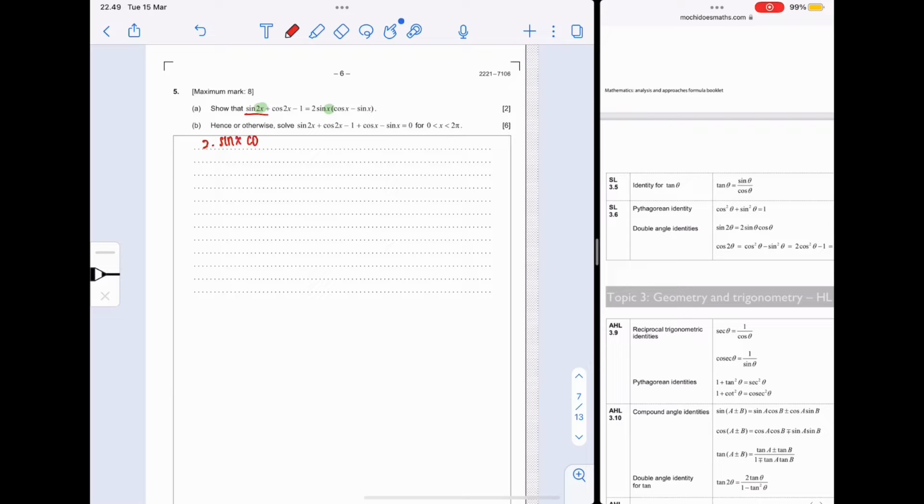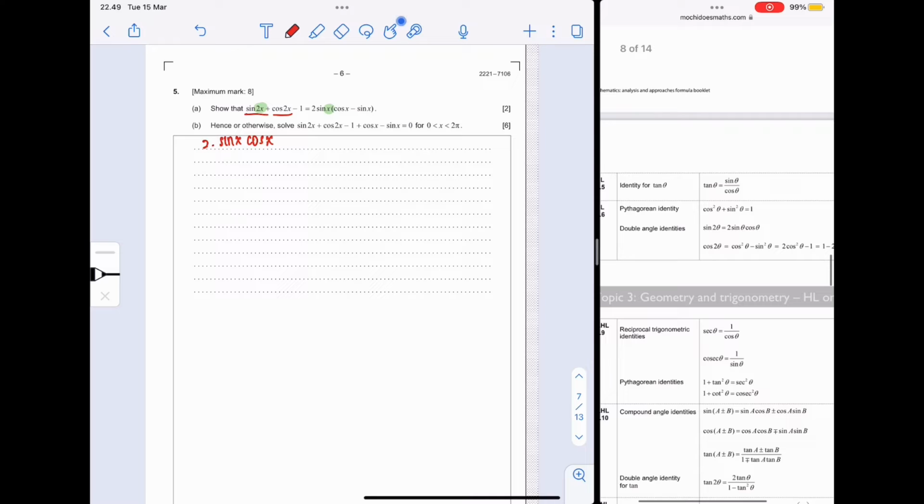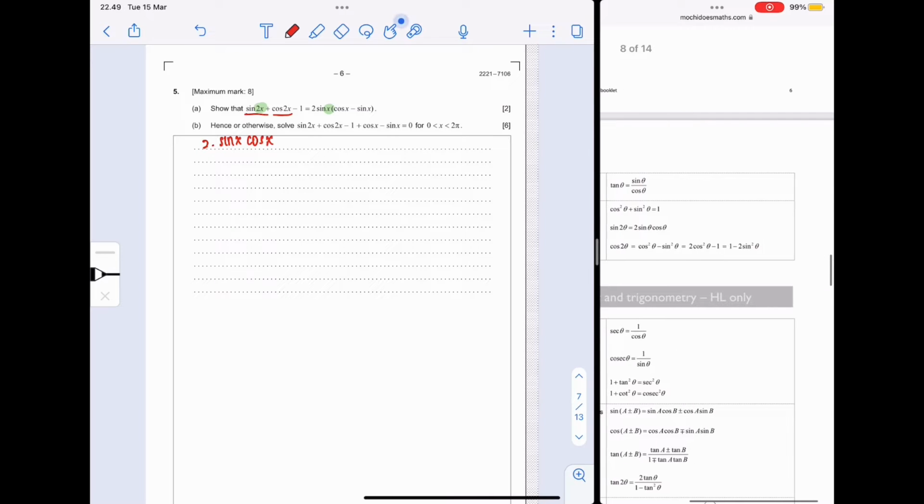Sine x cos x. And then for the cos 2x, you have three options: cos square minus sine square, 2 cos square minus 1, or 1 minus 2 sine square. This might help you to pick which one.